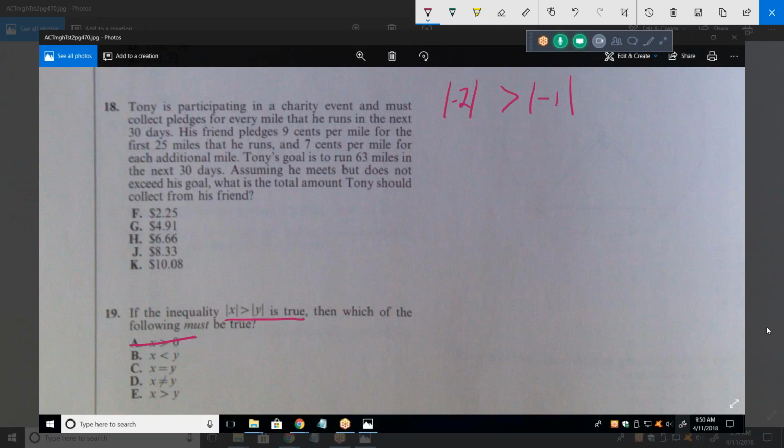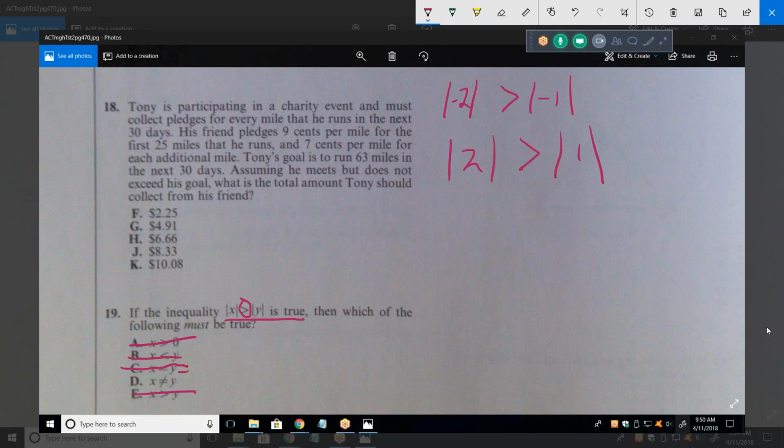Furthermore, x is less than y in this particular example, but if I put this example up, x is greater than y. So that can't be right and that can't be right because I can do both. This can't be right because that says greater than. It doesn't say greater than or equal to.